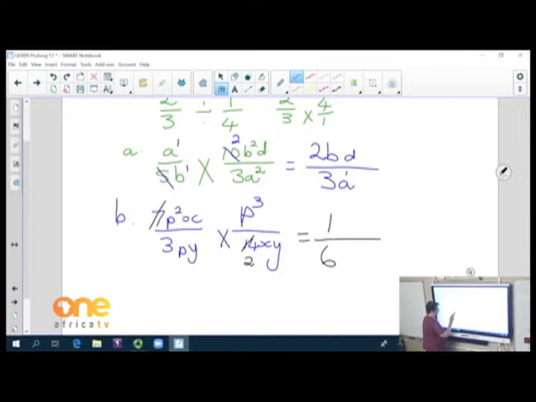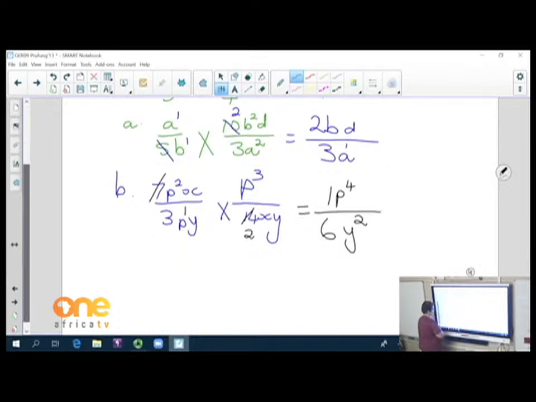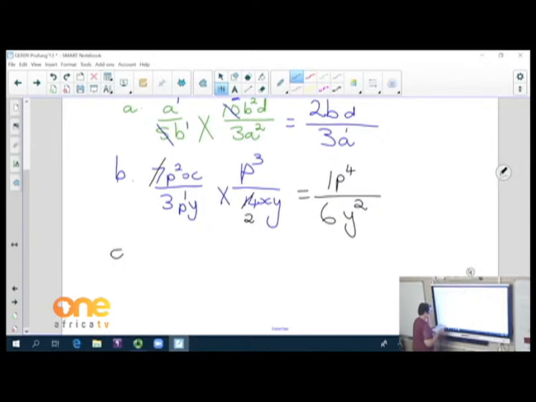Now I've got here P2, P3, which is P to the power of 5, minus the 1 here, is P to the power of 4. The x and the x will cancel out, that's 0. And the y's we have to add here, so it will be y squared.